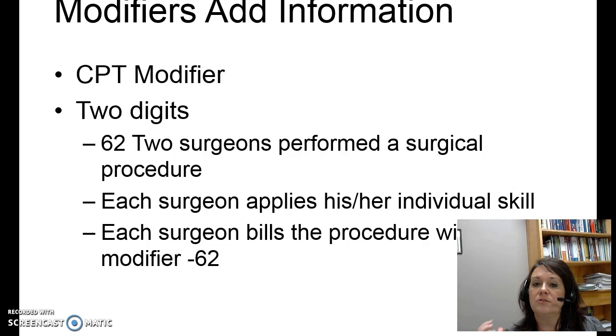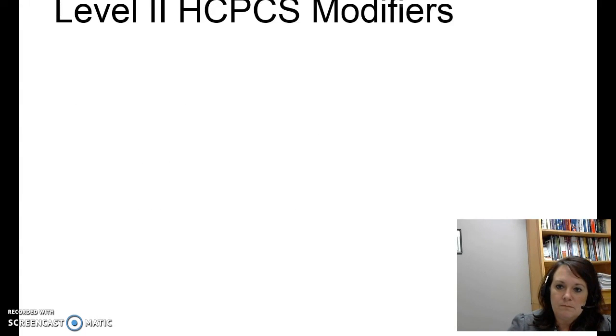They tell more of the story, is how I describe it when I teach it in class. I can do this whole procedure, and here's the code for it, and that's all great. But I actually had two surgeons in there. This is where modifier 62 could help. It would tell more of the story, and sometimes it can get me paid more, which is always a good thing.